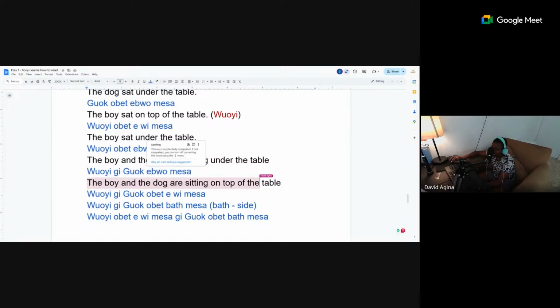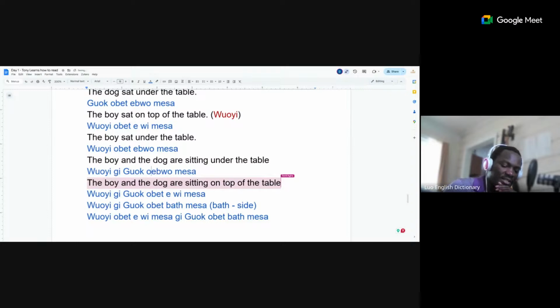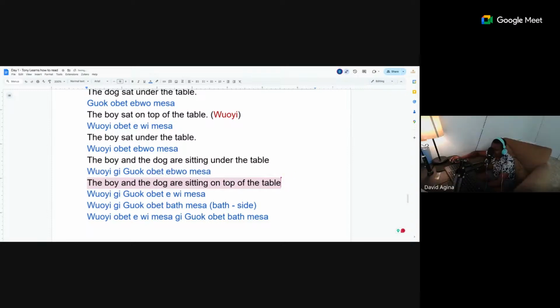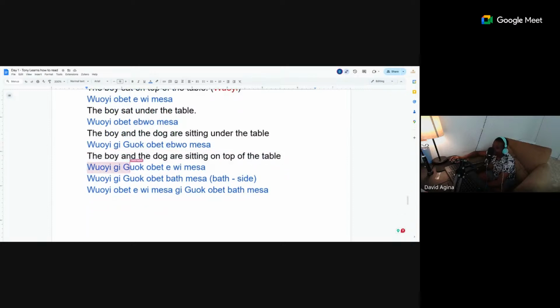The boy and the dog are sitting on top of the table. Woi gi guok obet we mesa. The boy and the dog are sitting on the side of the table. Woi gi guok obet Beth Mesa.